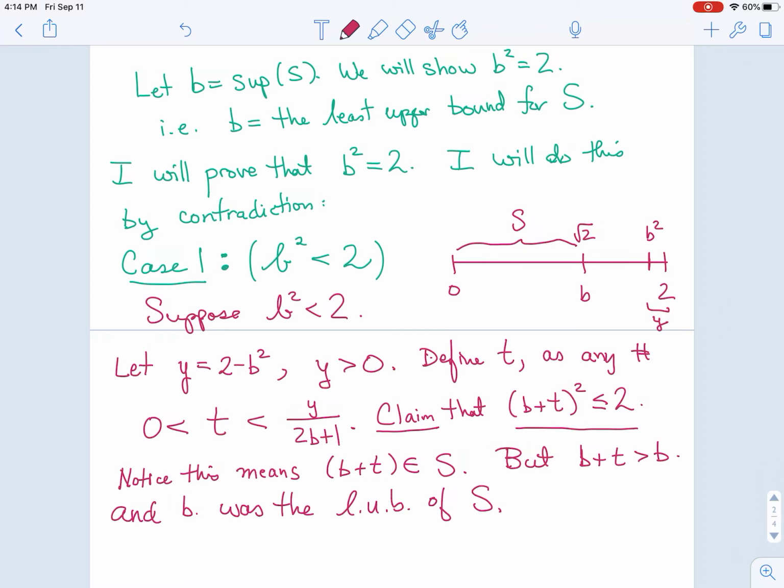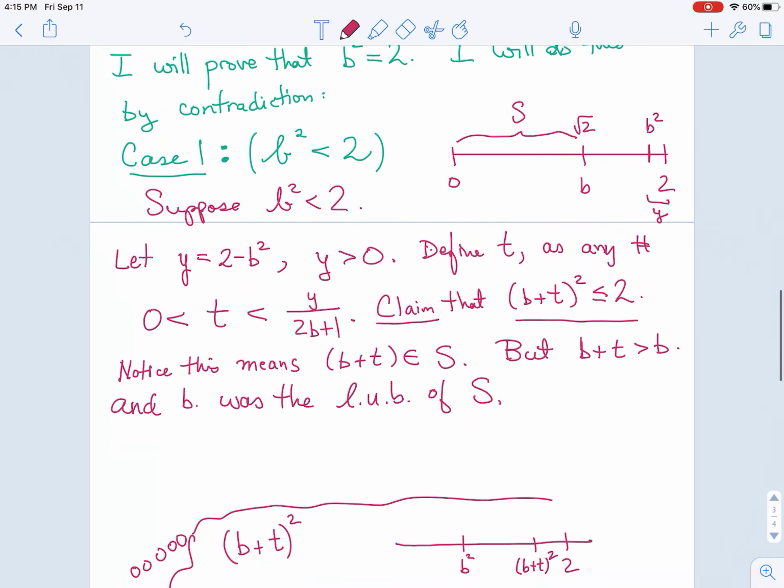We added a tiny, tiny, tiny bit to b, and we got something that was still in the set S. So that's a big contradiction. That contradicts that b is an upper bound for our set.